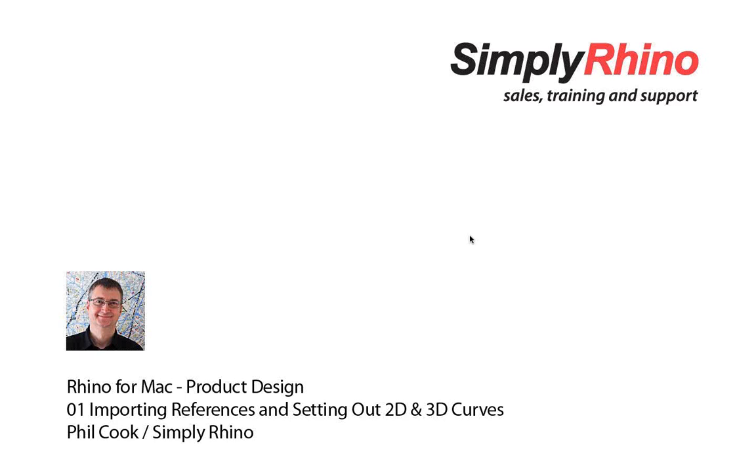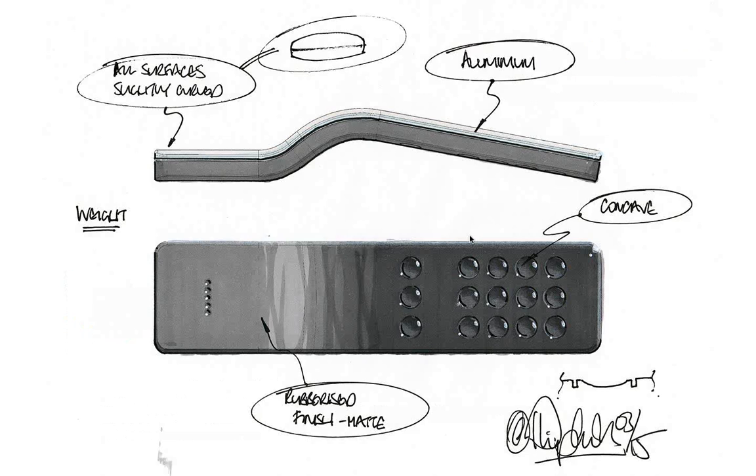So most product designers who are not yet into 3D would generally start their projects with some sort of sketching. Actually, whether you're into 3D or not, generally sketching is the start for most work.